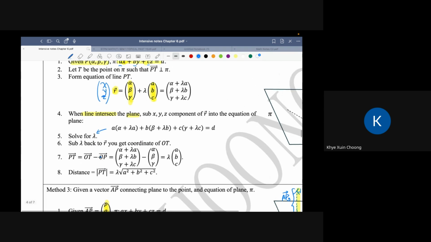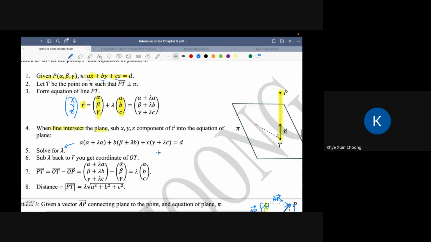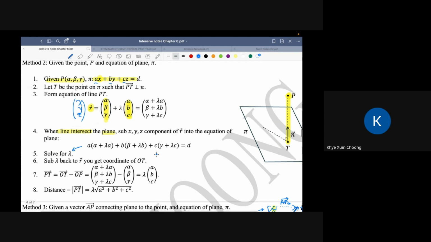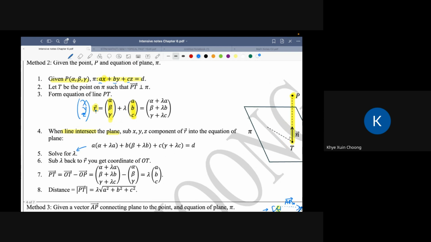When you get lambda, you sub back into the equation of r, and you get the coordinate of OT. Why, when I sub the lambda back into the equation of r, do I get the coordinate of OT?